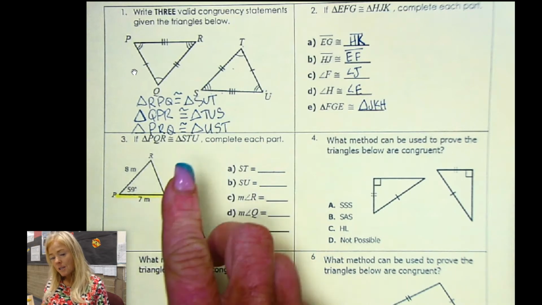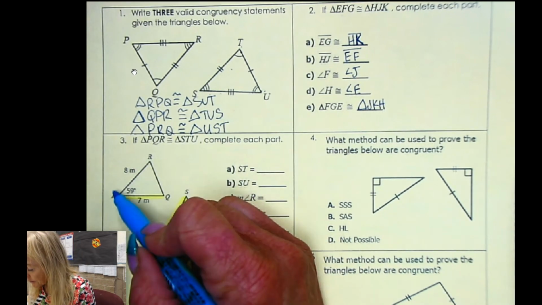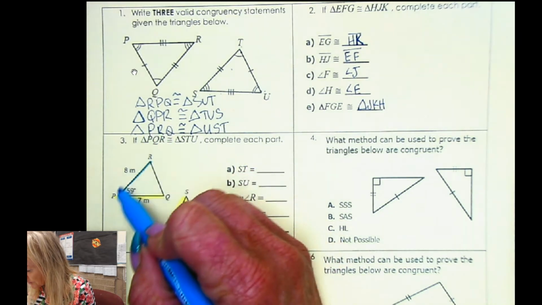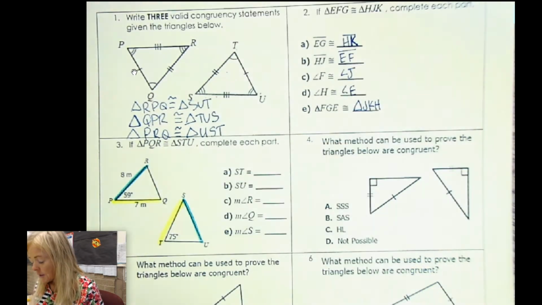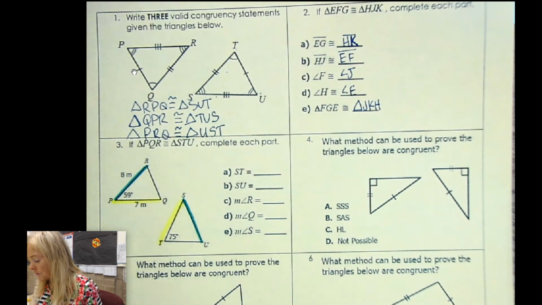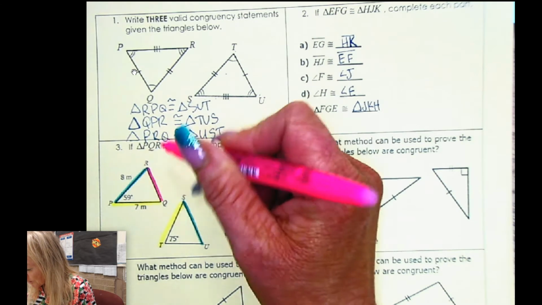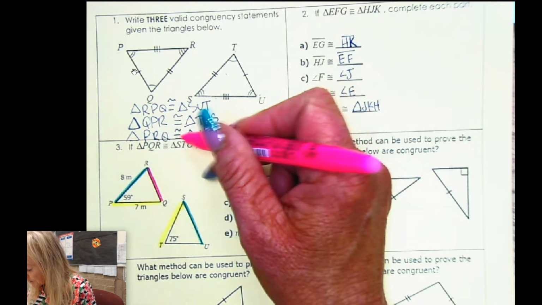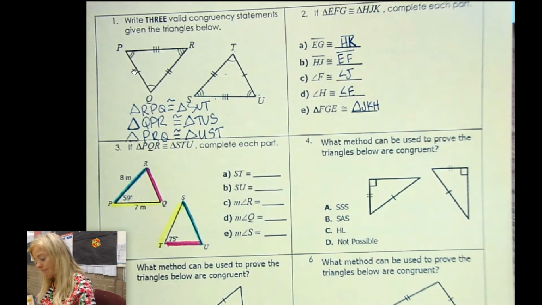So they've been rotated a little bit, so don't let that fool you. What's PR congruent to? PR is first and last, S and U. I like to color code these just so I know for sure what's congruent to what before I start answering any questions. RQ and UT. Those are congruent sides.